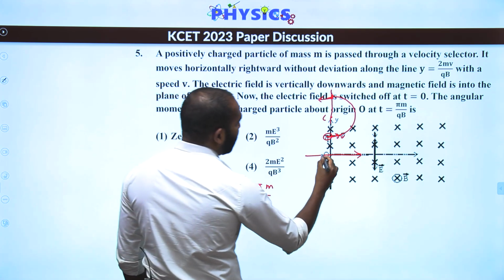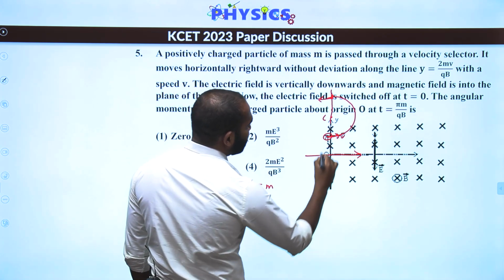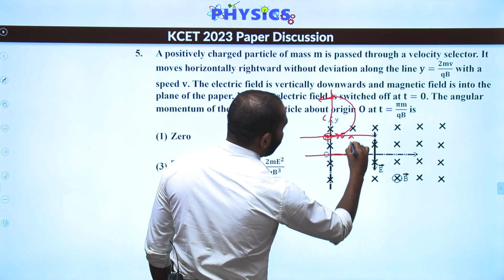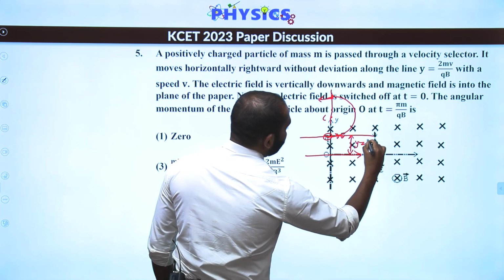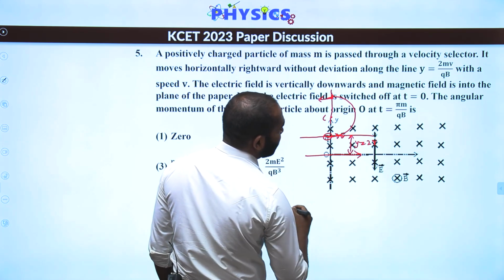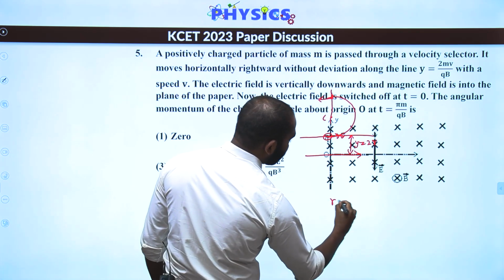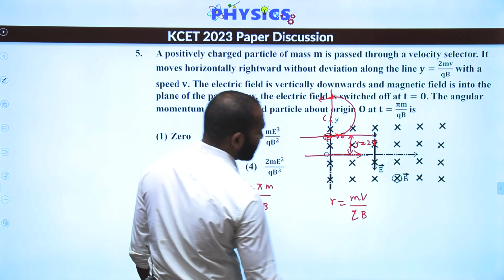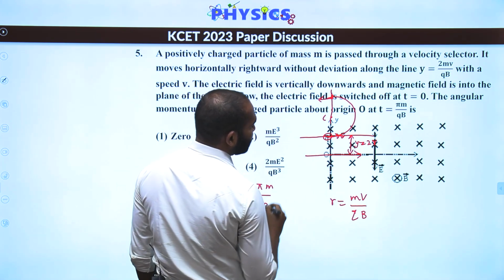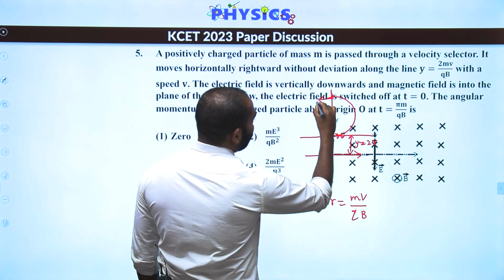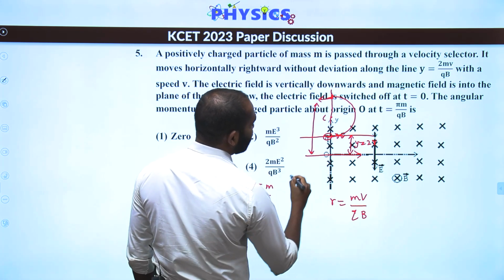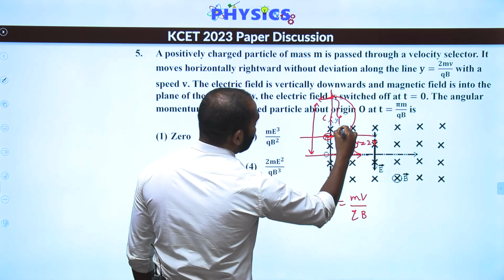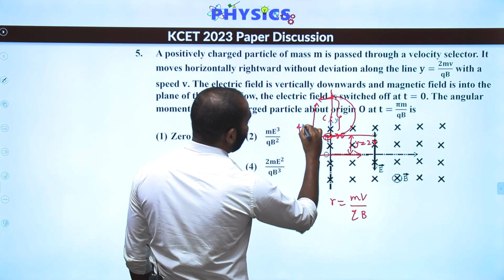In that case, y is given as 2mv by qB, which is basically 2 times the radius of the circle, because r is mv by qB for us. R is mv divided by qB. So that is the radius, and it is twice of that. Which means from here to here, this is 2r and this is also 2r, which will be 4r.